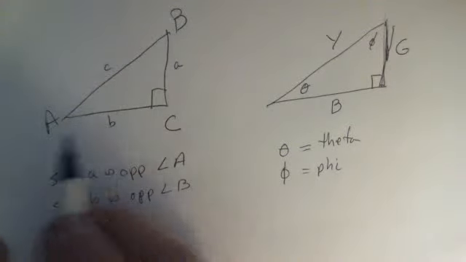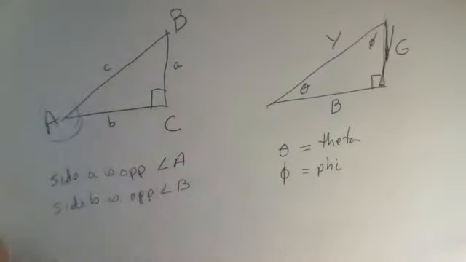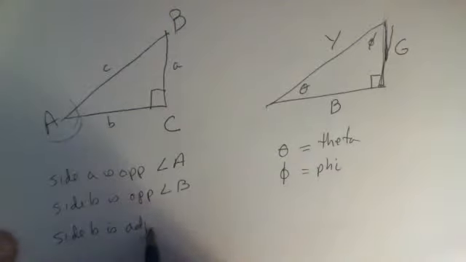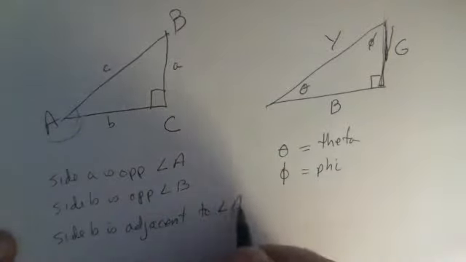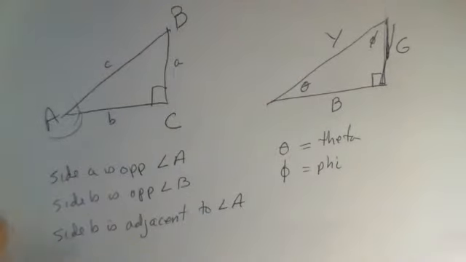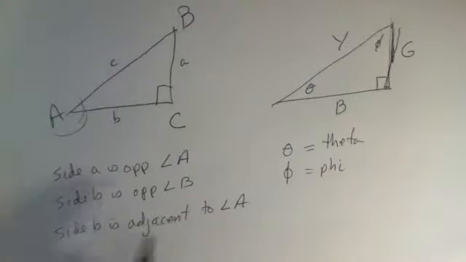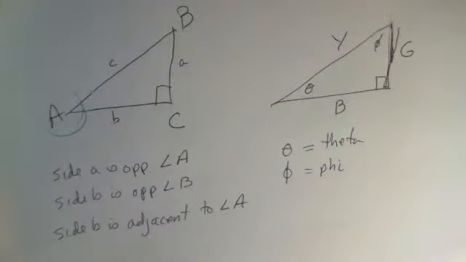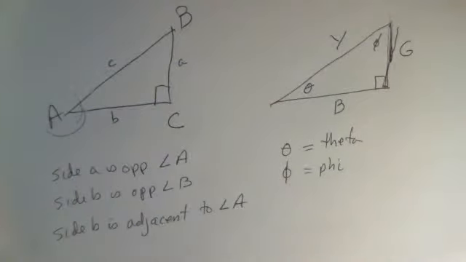If I want to talk about angle A, which I'm going to look at as my reference angle, side B is adjacent to angle A. So there's not always just one adjacent side. The adjacent side depends upon what angle you're looking at, and that's the whole thing to trigonometry: you've got to look at your angle.